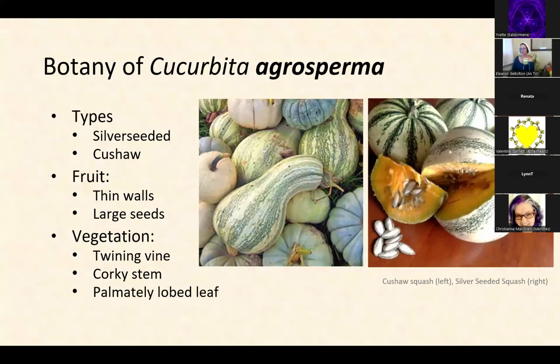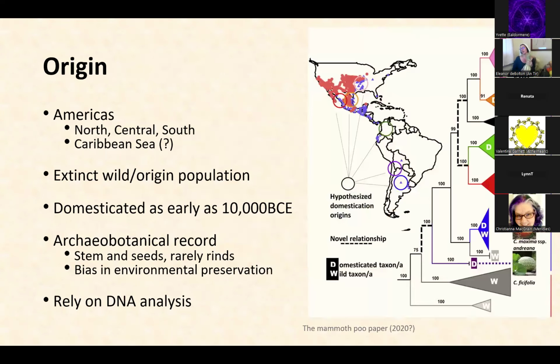But yeah. So when we're thinking about the origins of all of this, it's difficult because there's no wild population left of what they think were the ancestors of pumpkins in general. So it gets a little bit more difficult to figure out where exactly these guys were originally domesticated.